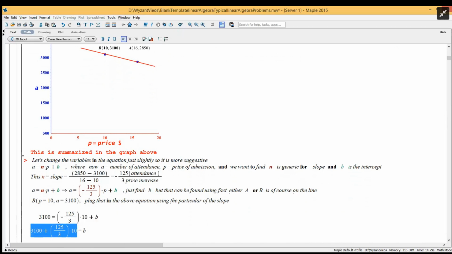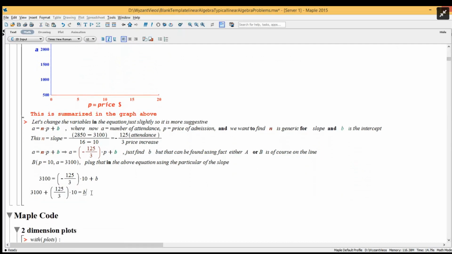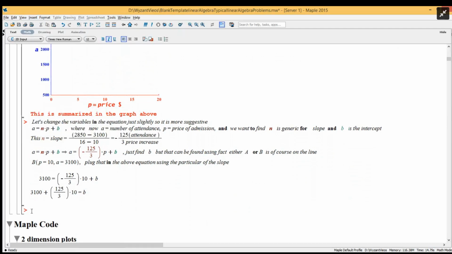Rather than waste a lot of time punching in the calculator, let's just punch it in here and evaluate it. It might simplify it as a fraction. That's okay. What is that?